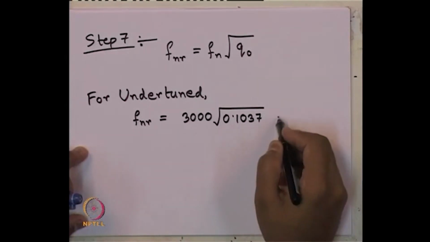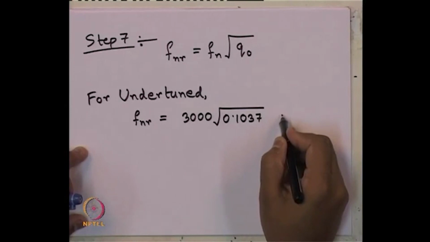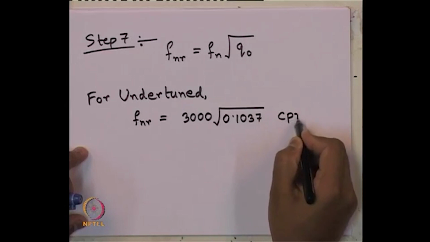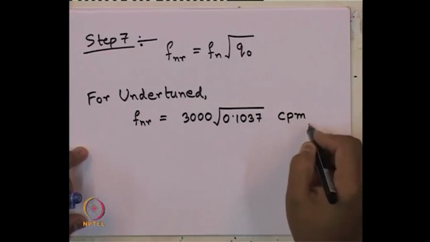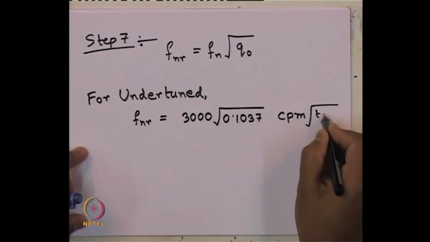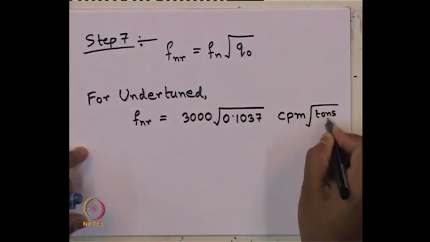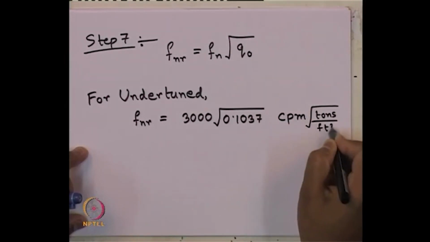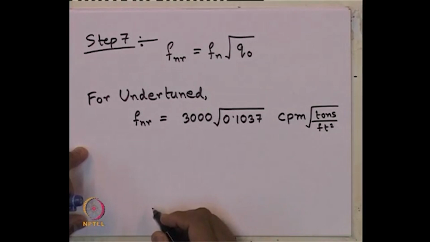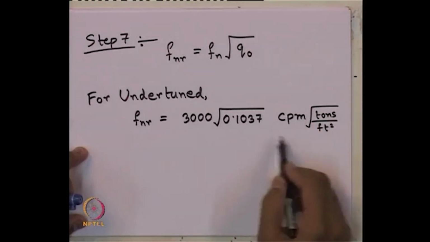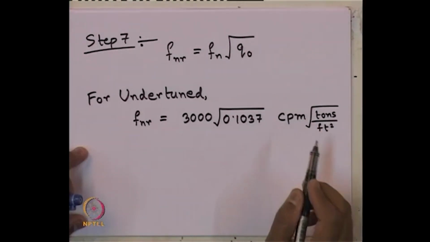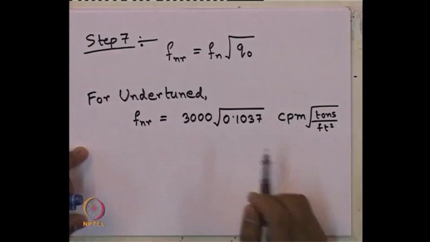RPM is nothing but the same as CPM, cycles per minute or revolutions per minute. It is the same unit. That is what the chart of Tschebotarioff's method uses. So, we can write down in the same form CPM root over tons per feet square, that is the unit. It is always better to write the unit side by side, so that we are following whatever is given in Tschebotarioff's chart.